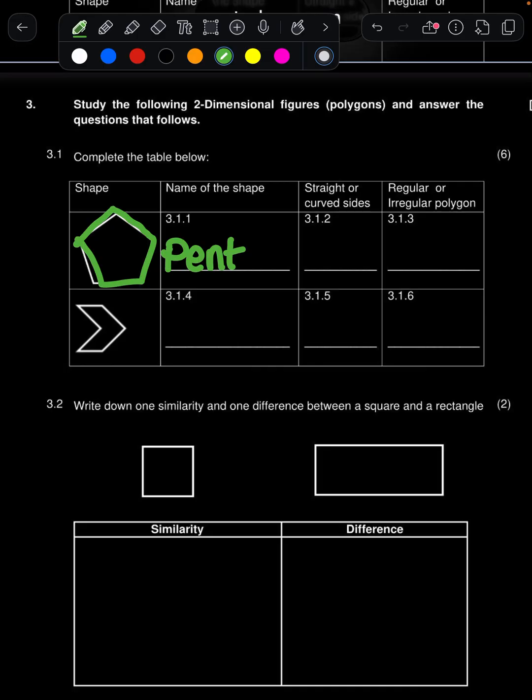This is something you just have to know, so if you're struggling with this, make sure you go study your shapes. Does it have straight or curved sides? They are straight. And is it regular or irregular? This one is just a normal pentagon, so it is definitely a regular one.